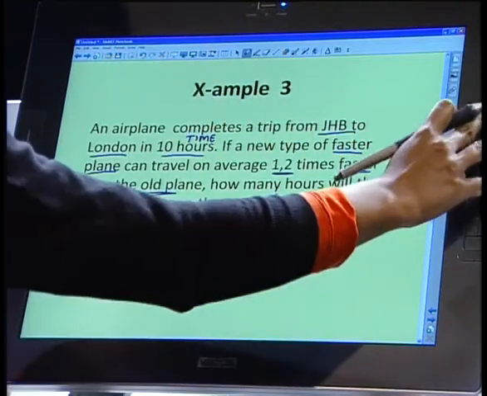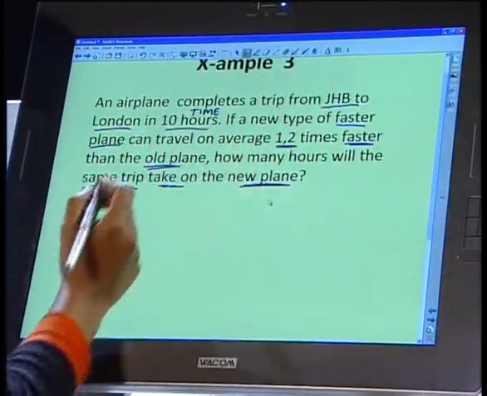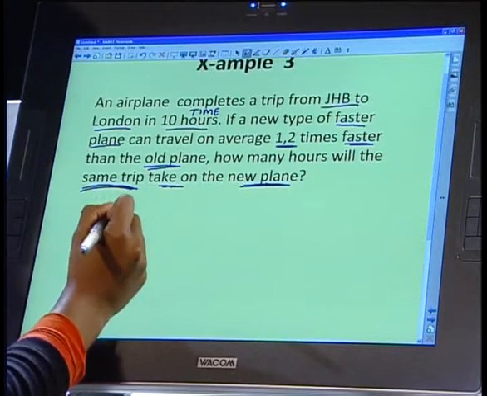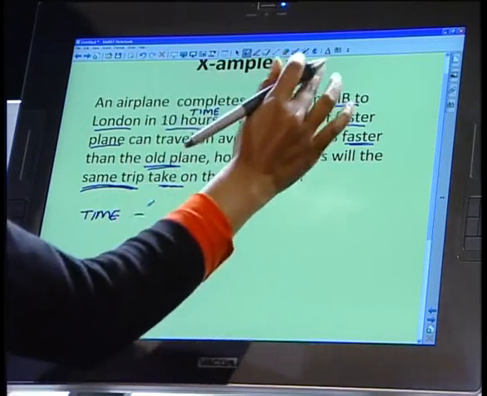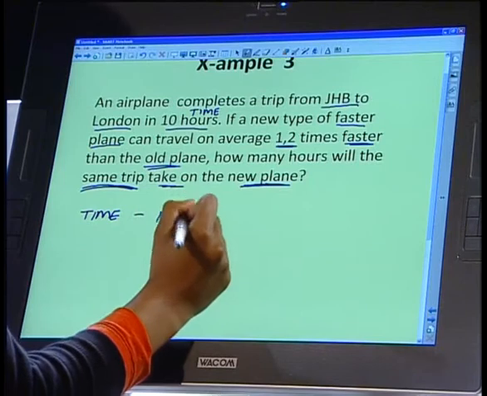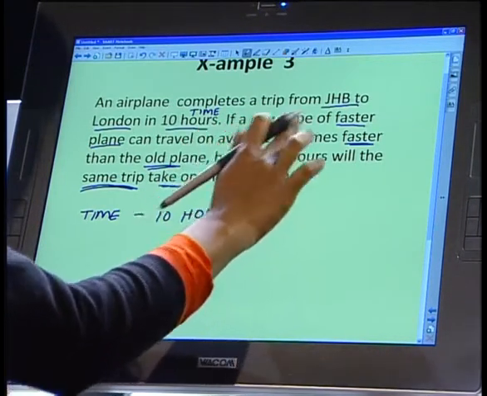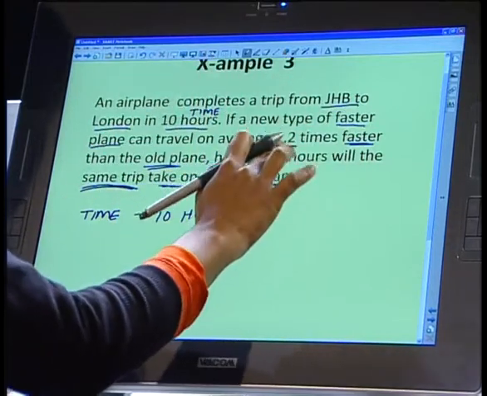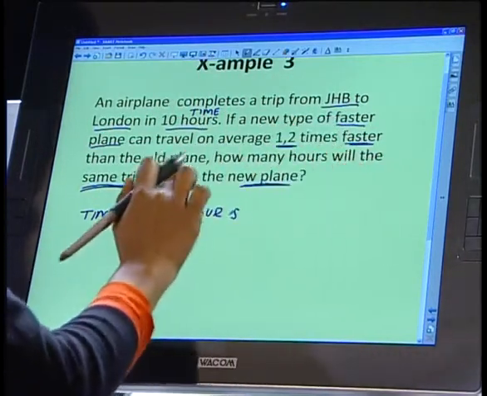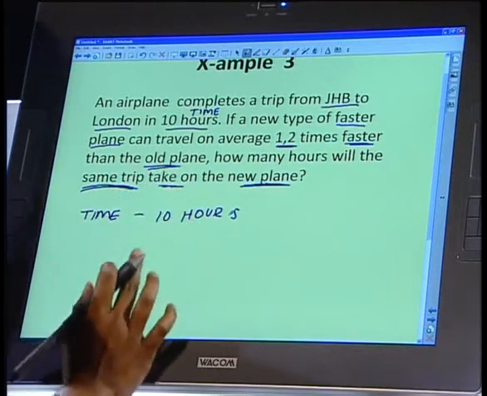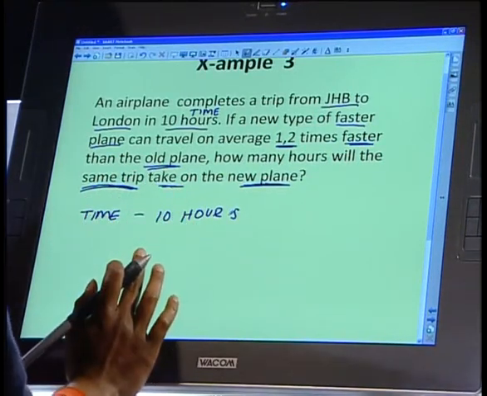Okay, so there's a few key things to note here. They've given us the total time. They've said it takes 10 hours to get from Joburg to London. And they then tell you that you're using a new type of faster plane that can go 1,2 times faster than the old plane. And straight away you should stop and think, obviously, if I'm going faster, then I'm going to use less time on the same journey.